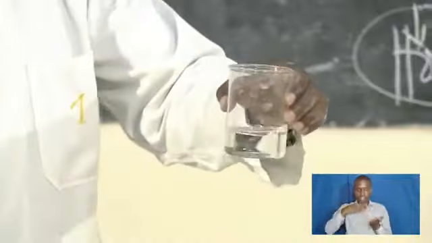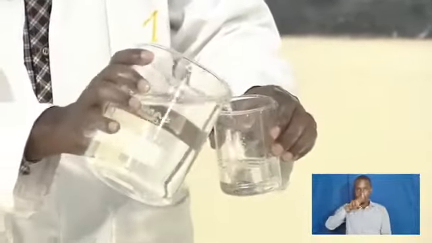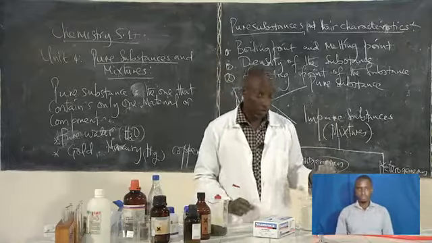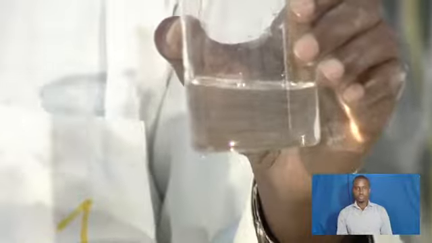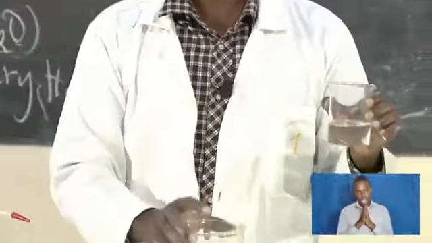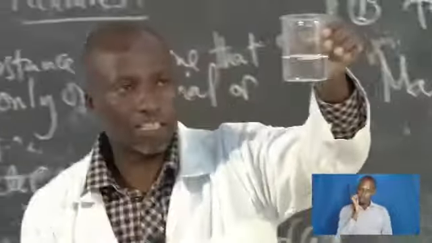So when I mix this liquid and put water, these are two liquids. This is hydrochloric acid, this is water. This is a mixture of two liquids. This hydrochloric acid is also in liquid form. This one is also a liquid, which is water. So when you look at this, it forms a homogeneous mixture.